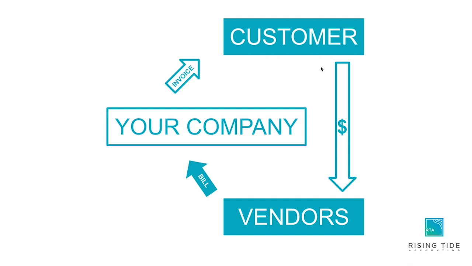So what that does is that creates a situation where you're not actually receiving funds and then passing it to your vendors. So if you don't pay attention to how to enter these transactions, it can really skew both your accounts payable and accounts receivable very quickly, because you still get the bill, you still get the invoice, but your customer is paying your vendor directly. So that's the reason these are important, and it's really important to understand what you're doing.